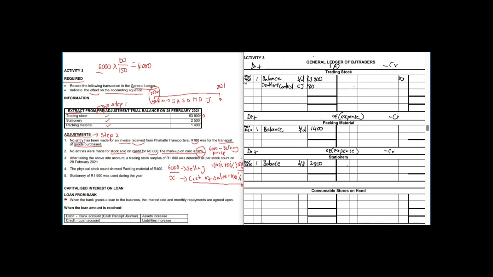And then we'll say cost of sales, and the reference is DJ, meaning our trading stock left the business, but it was sold on credit. DJ, for how much? For 4,000.